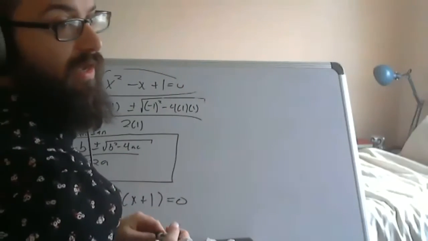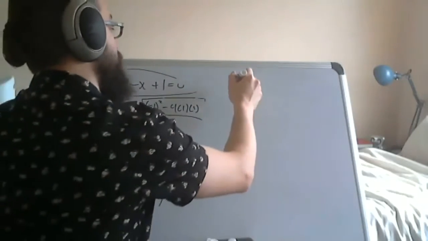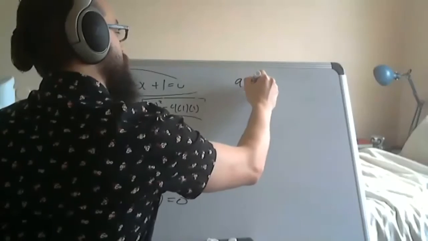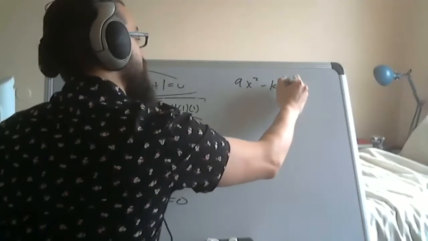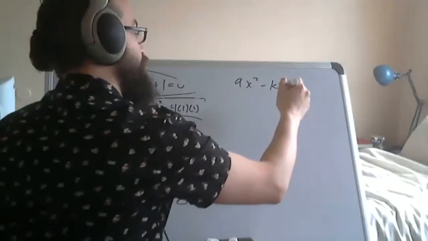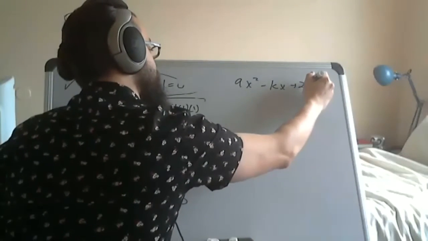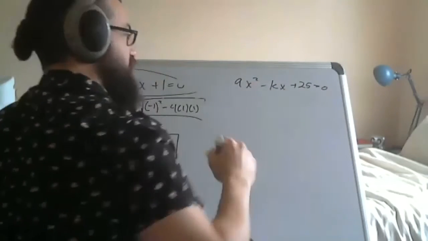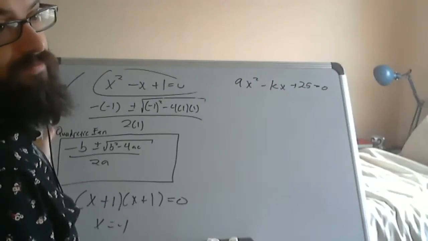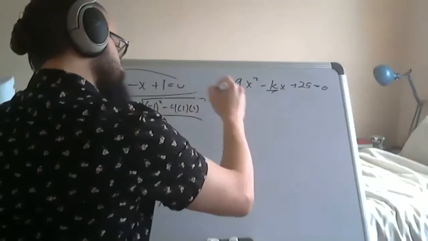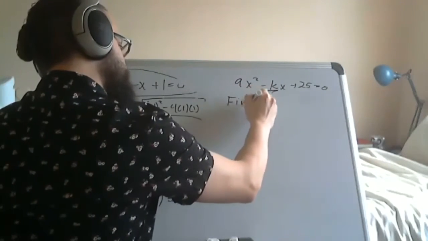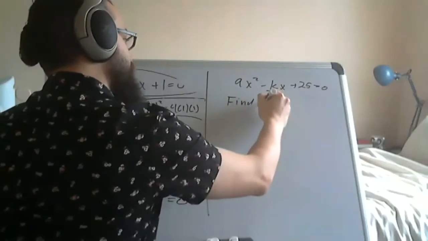Let's say you have a quadratic equation: 9x squared minus kx plus 25 equals 0. And let's say we don't know k, but we're going to find k.